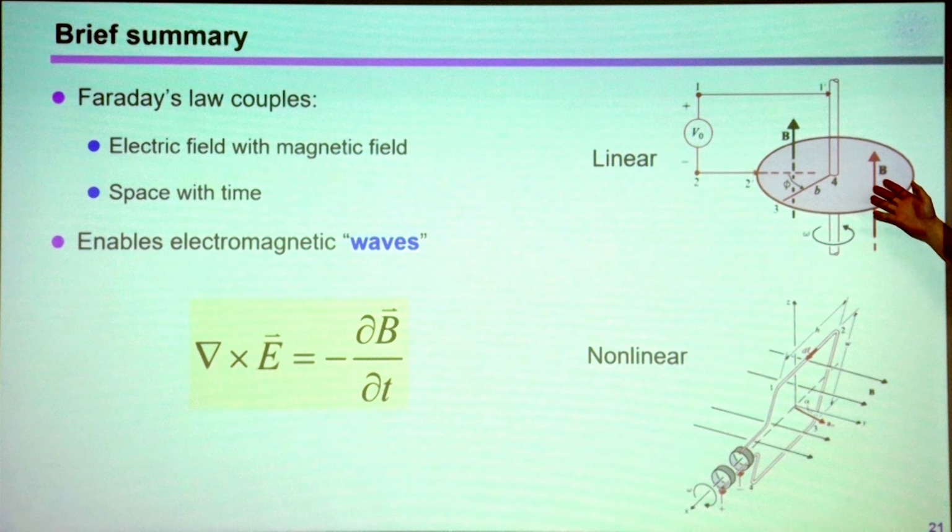Which means, luckily, boundary condition is not changed. For Faraday's law, even though under the presence of time-varying field, your boundary condition remains unchanged. It's still E1t equals to E2t.